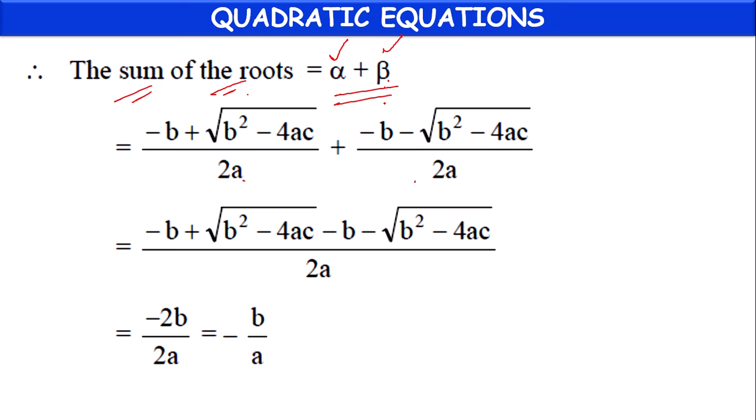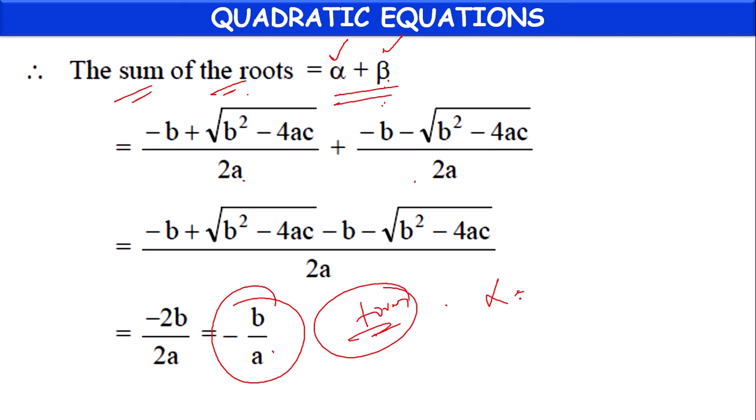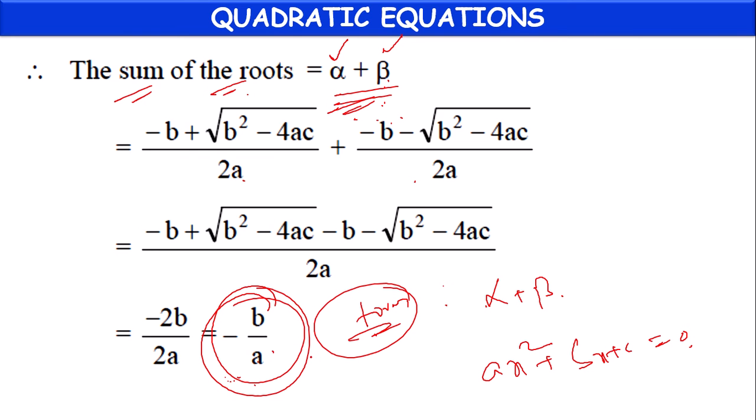By adding both the values, we can find out the general form of sum of the roots of quadratic equation. Instead of adding alpha and beta every time, we will make it as a formula, so that we can apply this directly whenever there is a need of sum of roots.